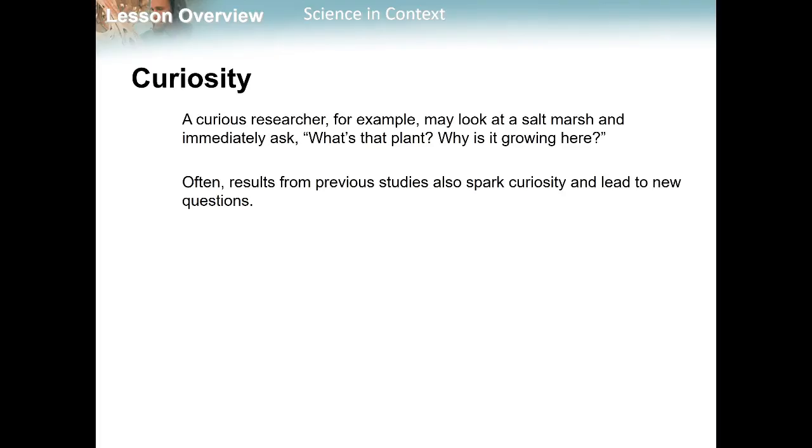Does it need water? Does it need sunlight? Also, use your prior knowledge. What information you knew before, try to use that to help spark more curiosity and lead to bigger questions, especially when we're in the laboratory. I love to see that creativity and curiosity happening.